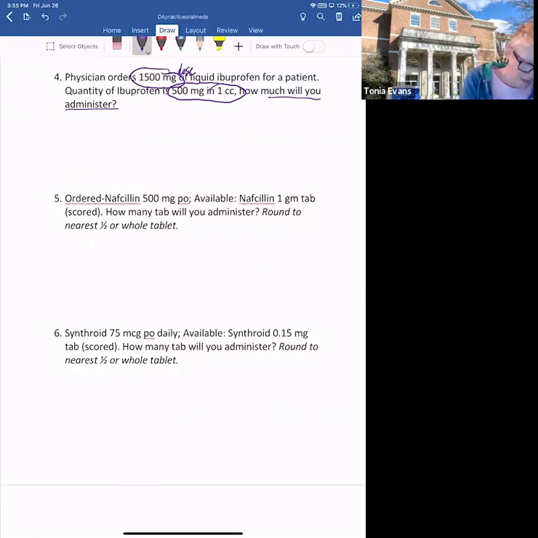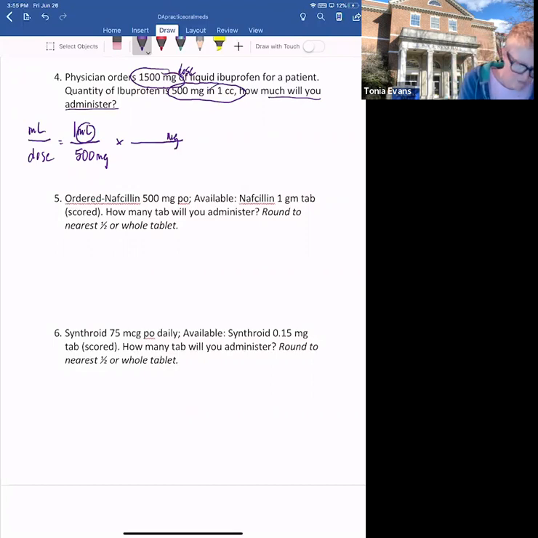So I'm going to say, all right, well, I'm looking for milliliters per dose. And what do I know about milliliters? I know that in 1 milliliter, because cc is the same as a milliliter, I've got 500 milligrams. So I've got my milliliters. I need to get rid of that milligrams. So I'm going to put that up there.